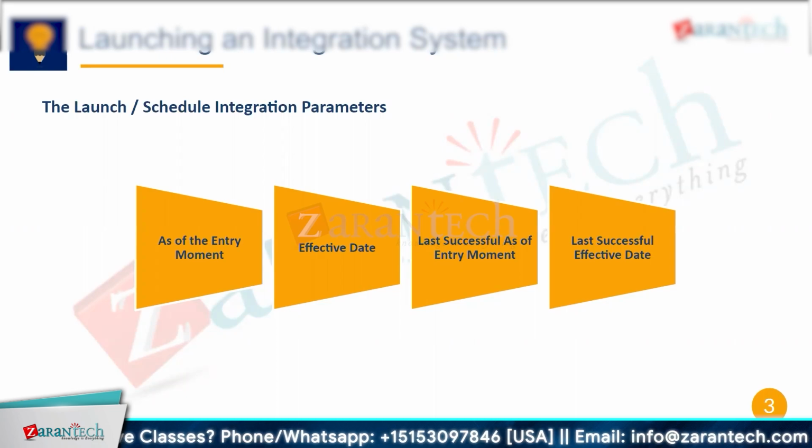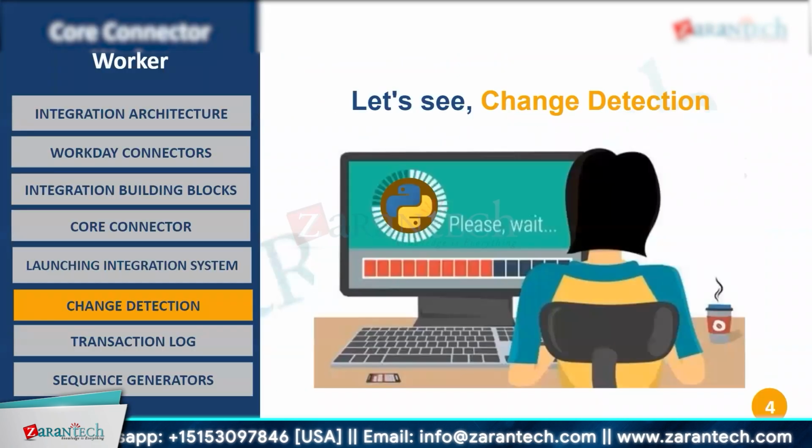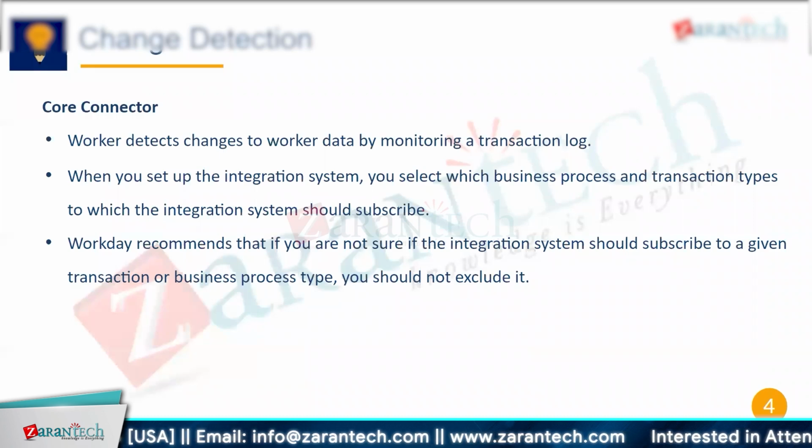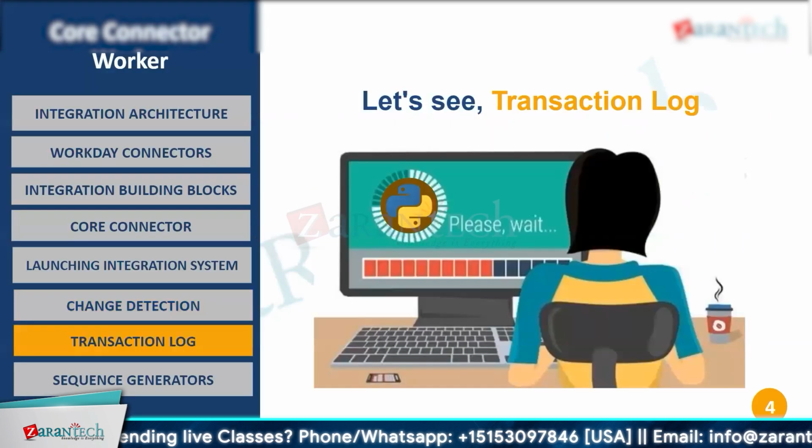If you don't have the option for change file or change detection, then the last two sections would not show up. You can just have the as of entry moment and effective date, and it will run the full file. So change detection detects changes when a change is made in the system and the integration is launched.